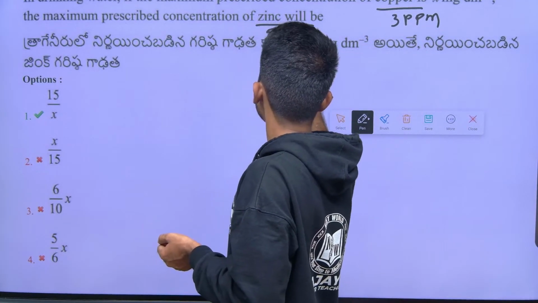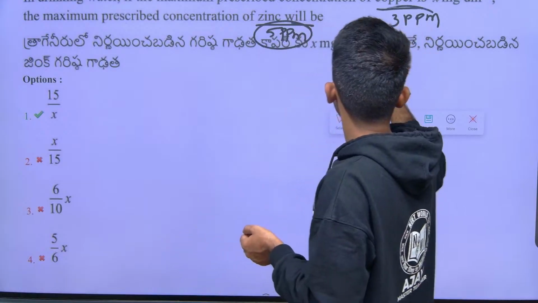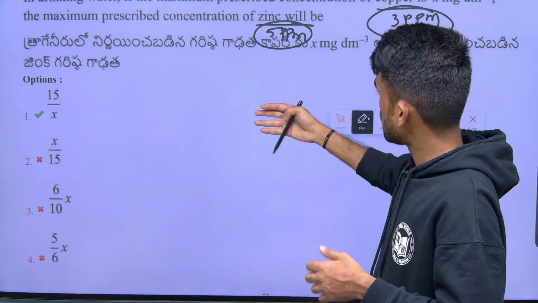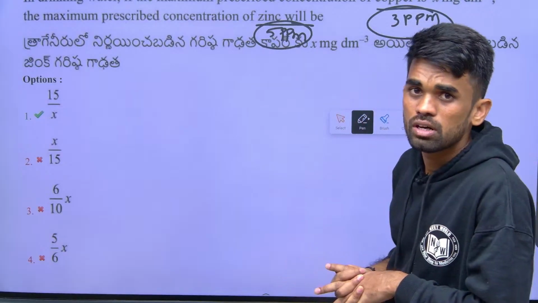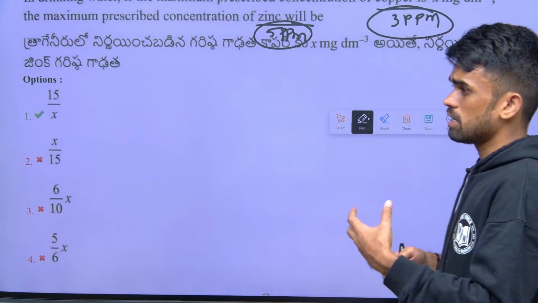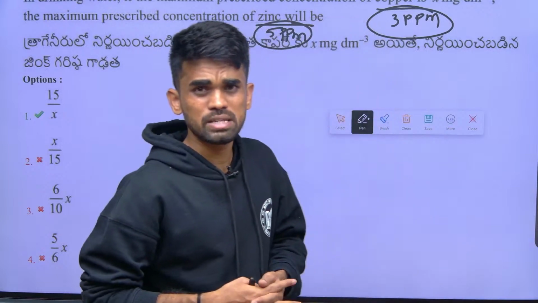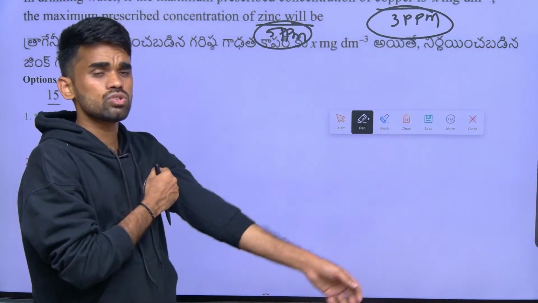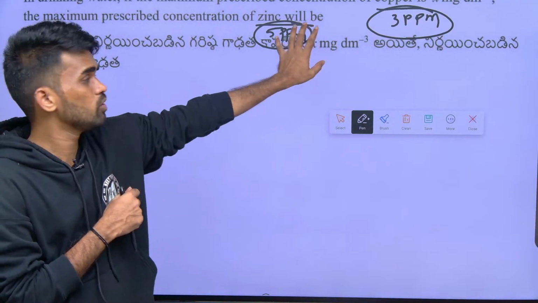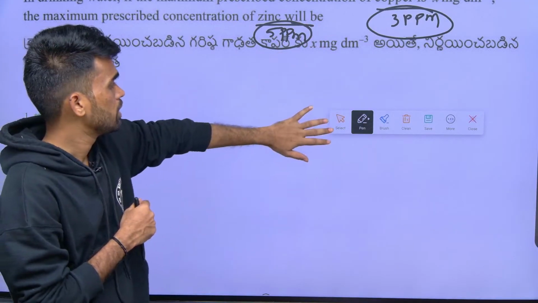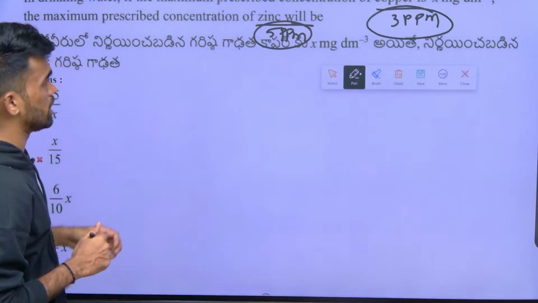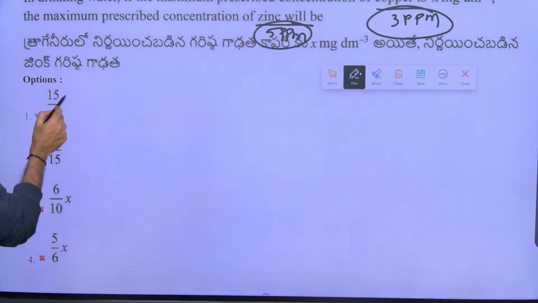You can refer to the NCERT book, the chemistry in everyday life chapter, where there is a table on metal contamination. They have given 15 by X.